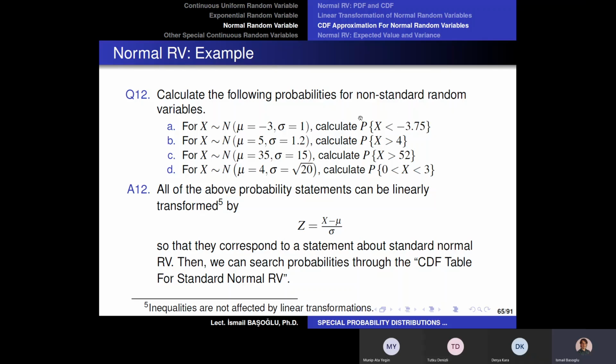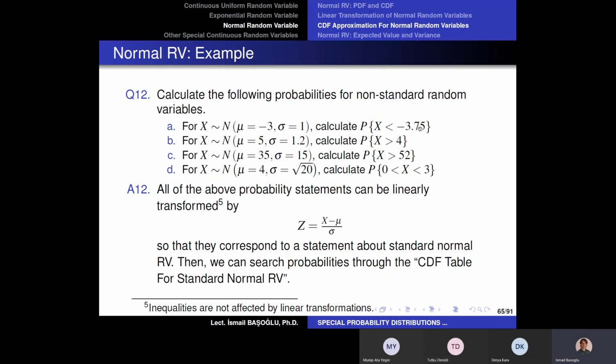Now, in this format, if I want to solve this probability, I do not have any table for that distribution. I only have a table for the standard normal distribution. So what I am going to do is to standardize this inequality. And remember, standardization is applied by applying a transformation to both parts of this inequality.